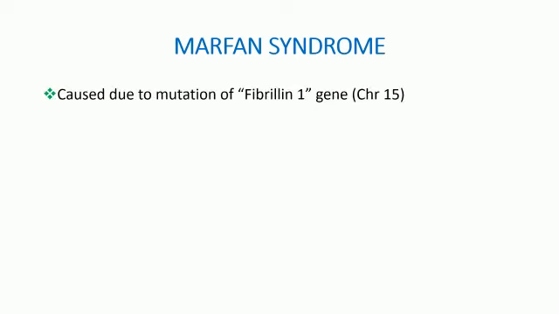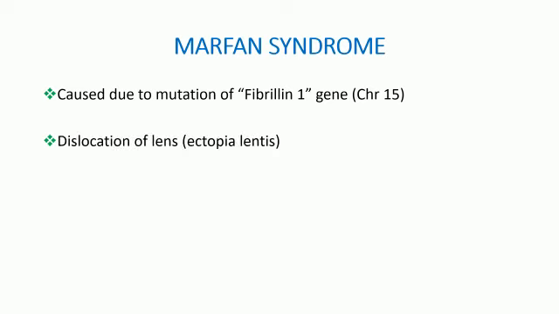So what is the cause? It is a genetic disease, obviously. The cause is mutation of the fibrillin 1 gene. There are other types of fibrillin genes, but we will not go into that. So if the fibrillin 1 gene, which is present in chromosome 15, is mutated, then a defective fibrillin protein will be formed.